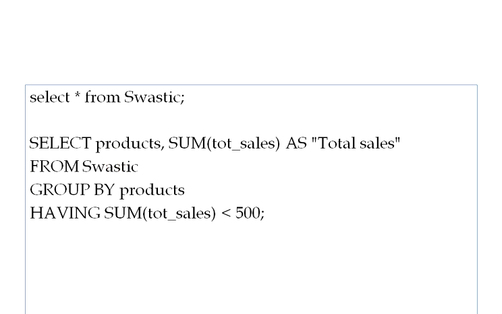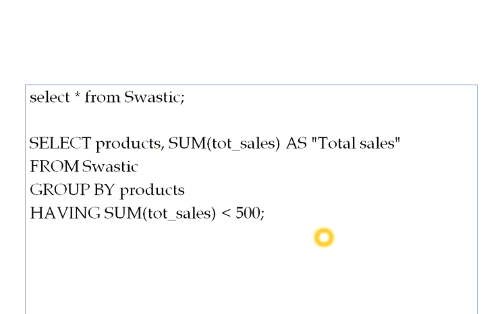FROM swastik GROUP BY product HAVING SUM(tot_sales) less than 500. So we are trying to group the products with respect to their total sales with the aggregate function SUM, but with the condition that the total sale is less than 500. So take a screenshot and execute these statements.